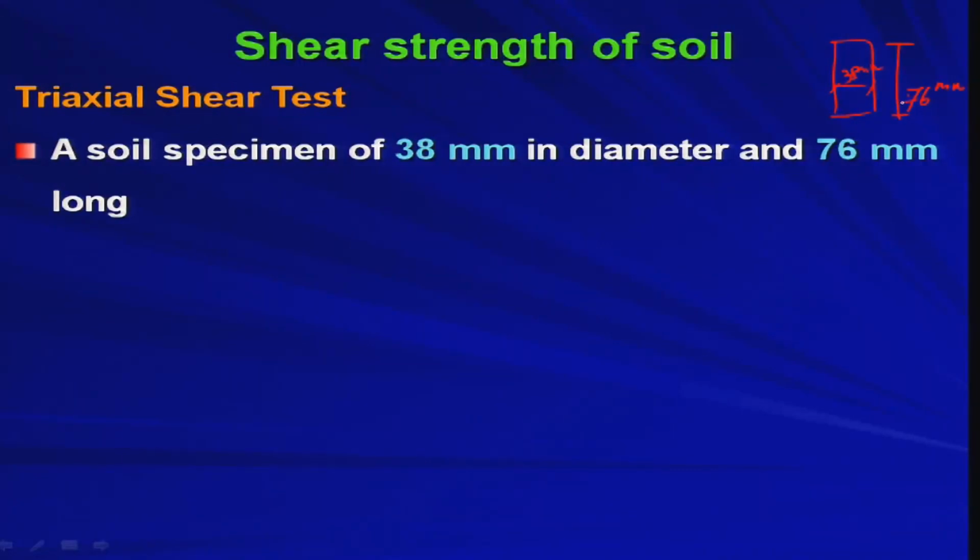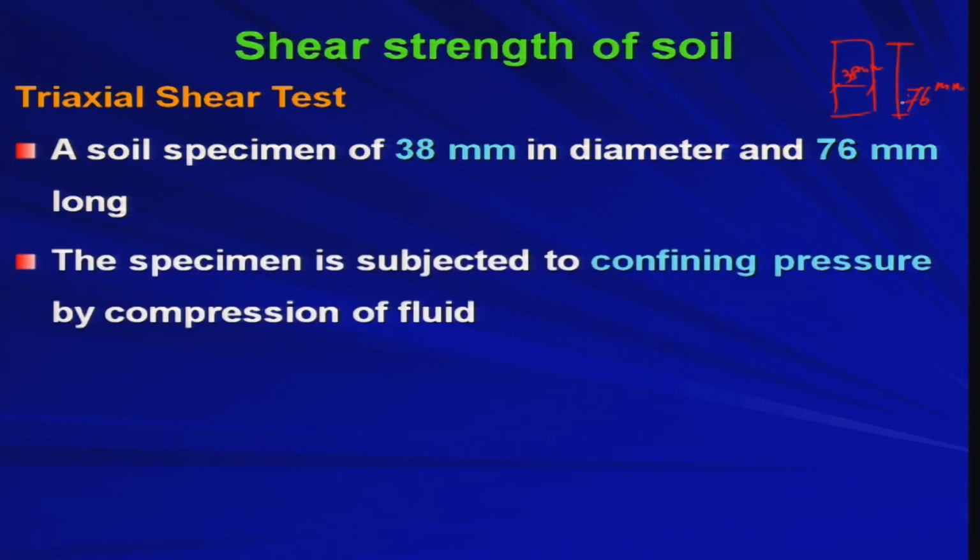Some mold is there, and you have to take really proper care to obtain this kind of sample. The specimen is subjected to confining pressure by compression of fluid. I will be showing the triaxial test setup in the next slide.